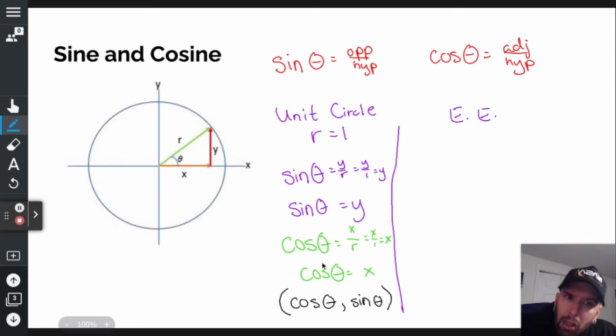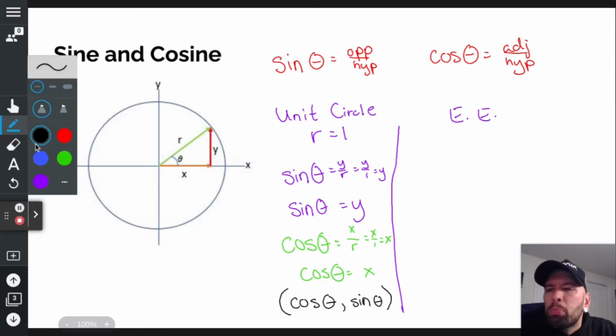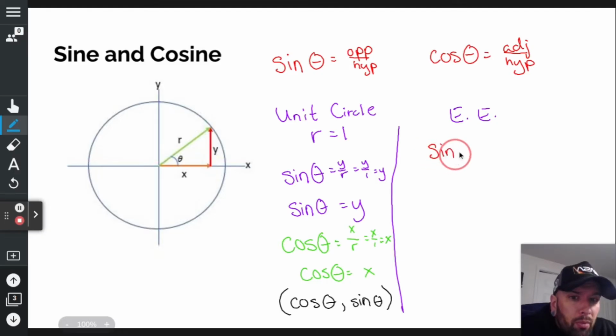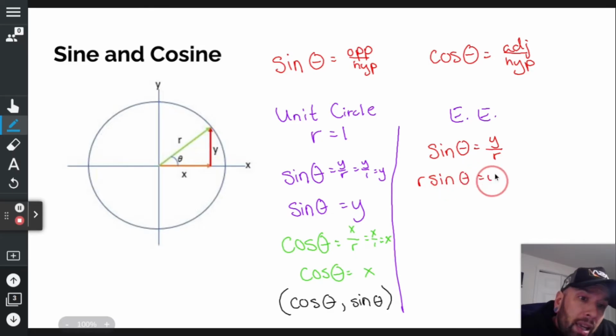Oh, how nice. Well, what about these everything else problems that we were talking about over here, where r is just some number that we don't know about? Well, if r is just some number we don't know about, then sine theta is just going to equal y over r. If I want to kind of recreate this guy over here and I multiply r to both sides, that gives me r sine theta equals y.